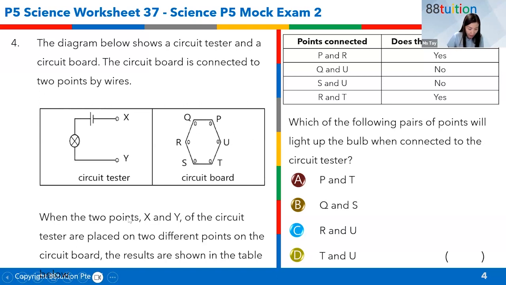For example, it says X and Y placed onto the positions shown here. So when they are placed at P and R, this is connected to this one, for example, and then this is connected to R. Then the bulb lights up.